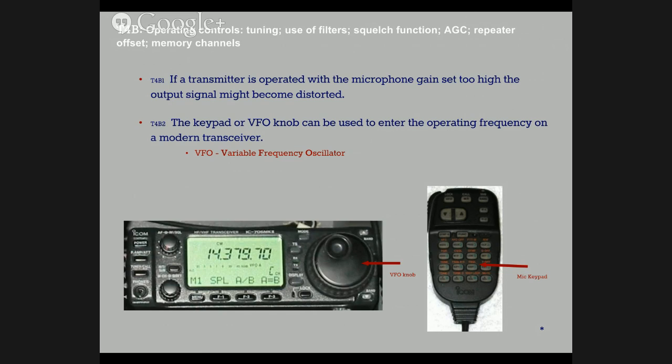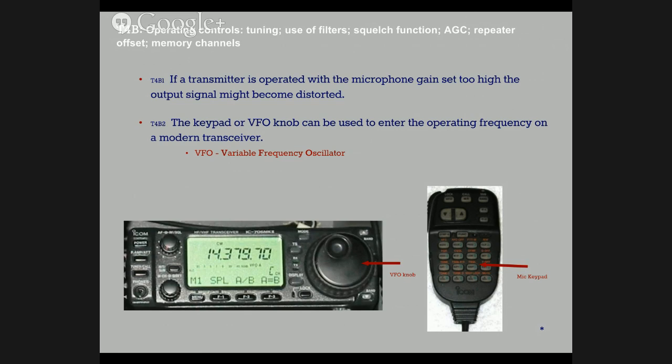And when operating VFO, a variable frequency oscillator, is basically where you just dial in a specific operating frequency, which can be entered via a VFO knob or typed in on a microphone keypad, or both.